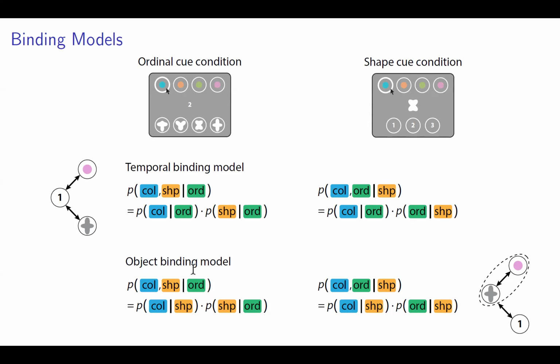So would the symmetrical factorization of the probability of color and shape given ordinal position, where you make it dependent not only on the shape but also on the color, be feasible? It would be feasible, but the problem is we can't compute those probabilities with the information in this task, because we don't have the information of how to get from color to shape, because color is never used as a cue.